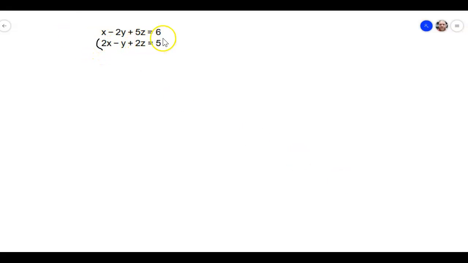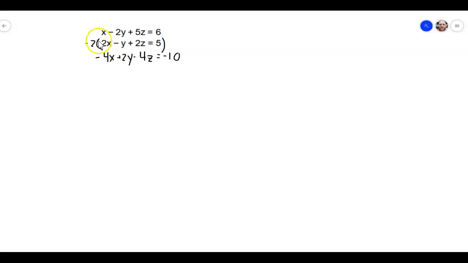If I do that, the second equation is going to be -4x plus 2y minus 4z is equal to -10. And the reason I'm doing that is because if I add this equation to the first equation, it's going to get rid of my y's. That way I'll only have z's and x's, and I can solve for z in terms of x.